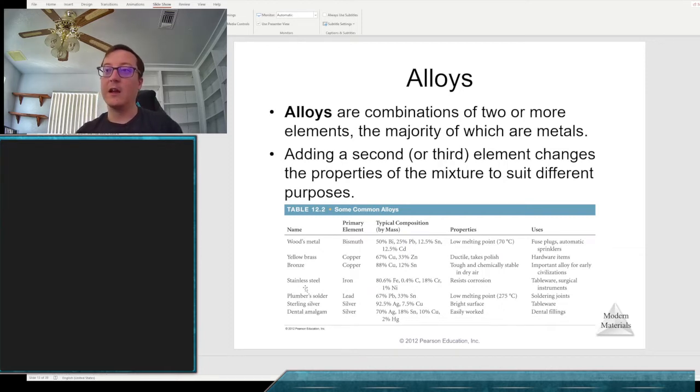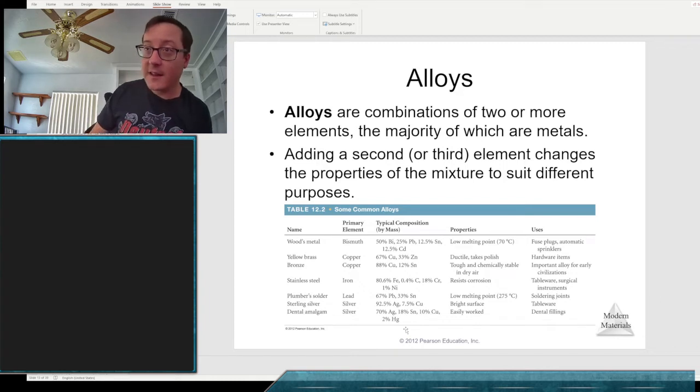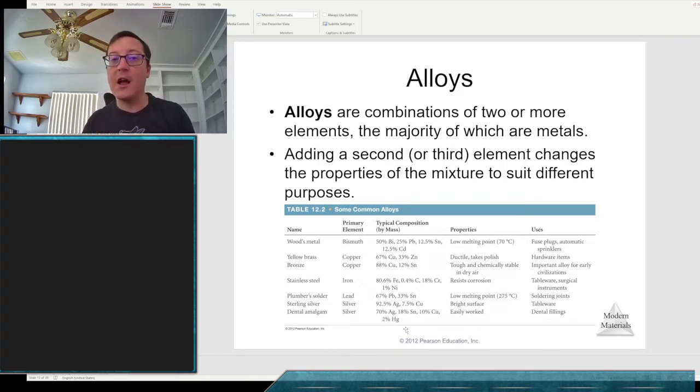So, these percentages here are just examples of various different alloys that you might encounter. And the properties of these alloys will change greatly depending on the types of composition you have.